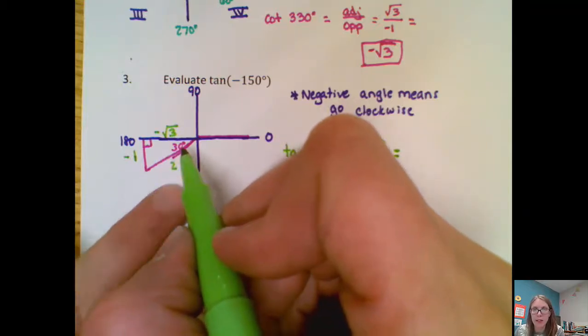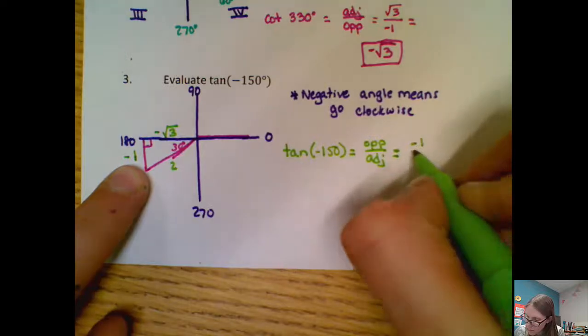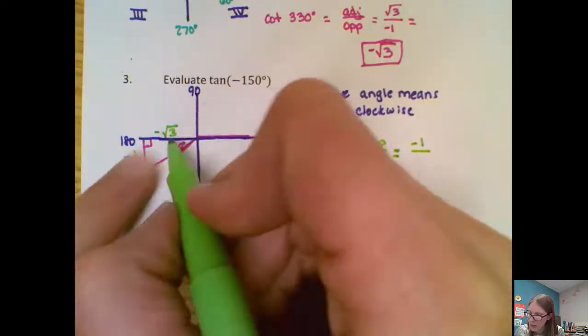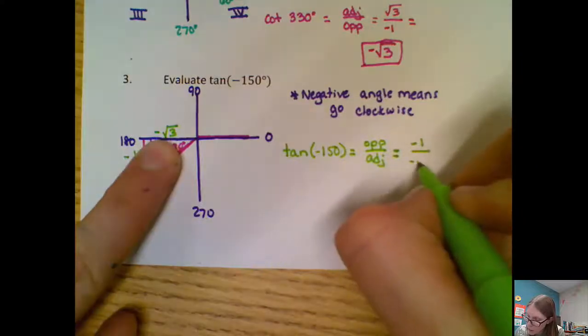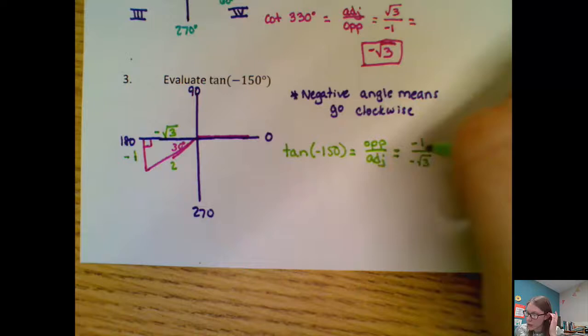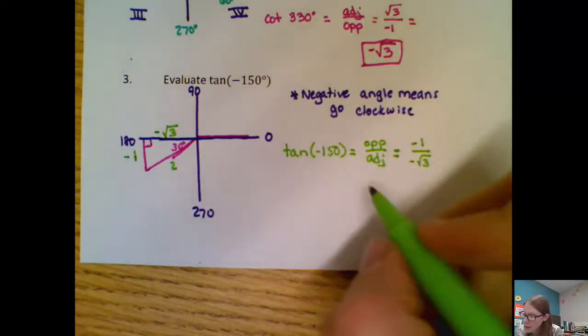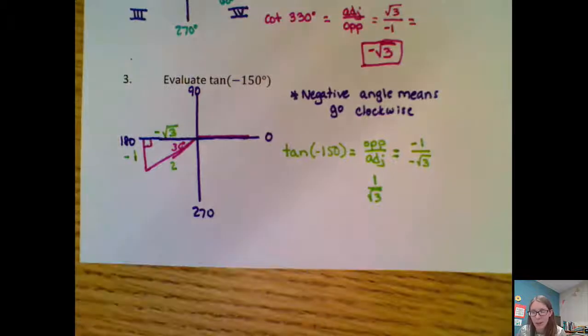From our 30 degrees here, the opposite side is negative 1. The adjacent side from our 30-degree angle here is the negative square root of 3. So negative 1 over the negative square root of 3, well, the negatives are going to cancel out. But again, we have that issue where we have the radical on the bottom.